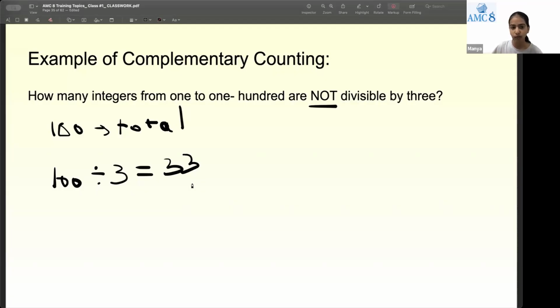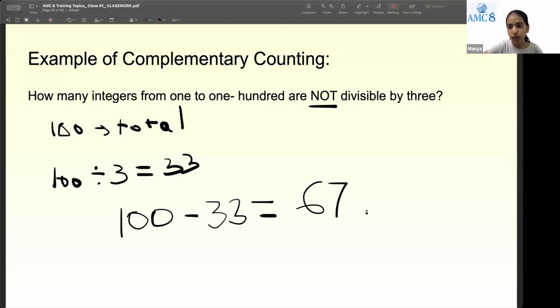But how do you subtract it from the total? It will just be 100 minus 33, which is equal to 67. So there's 67 numbers from 1 to 100 which are not divisible by 3.